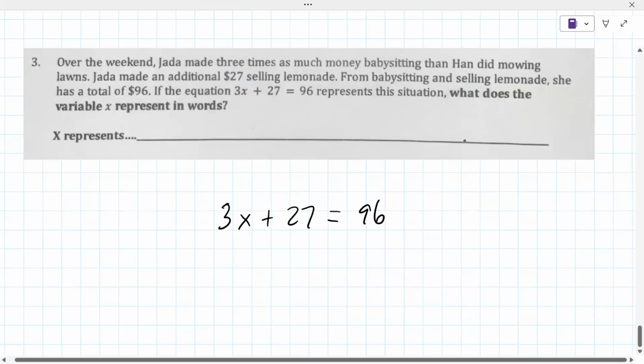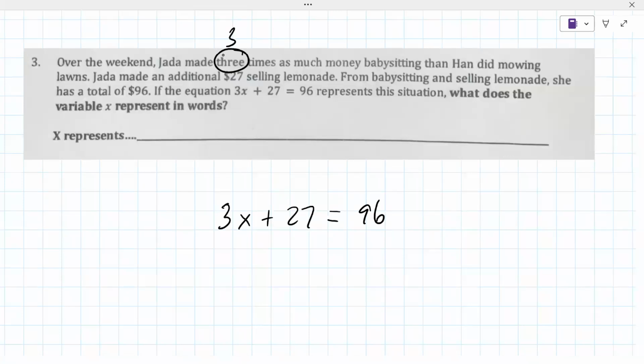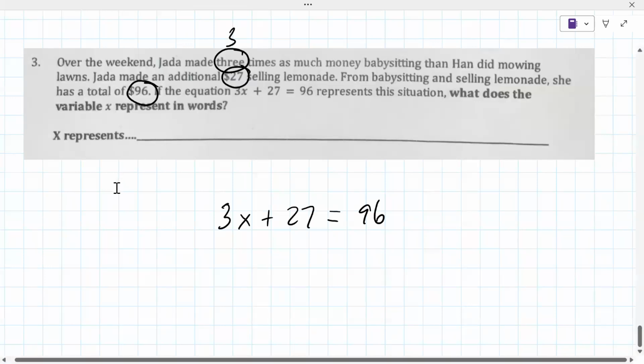Let's read it one more time now that we know what we're looking for. Over the weekend, Jada made 3 times, so there's the 3, as much money from babysitting than Han did mowing lawns. She made an additional $27 selling lemonade. And in total, she made $96. So there are the 3 numbers: the 3, the 27, the 96.